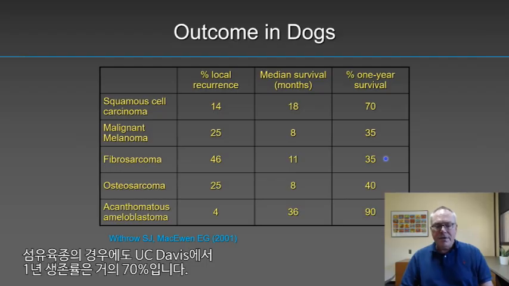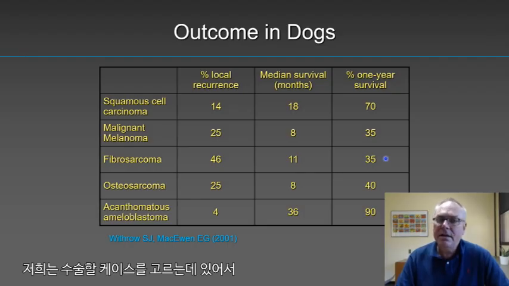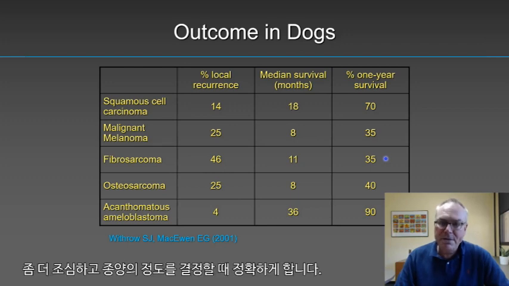So, for example, here at UC Davis, our 1-year survival rate for fibrosarcomas is 70%. Now, that doesn't mean that we are better surgeons. It means that we are more selective in the cases that we do, and we are more precise in determining the extent of the tumor.